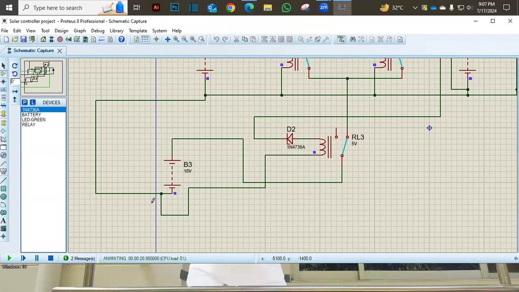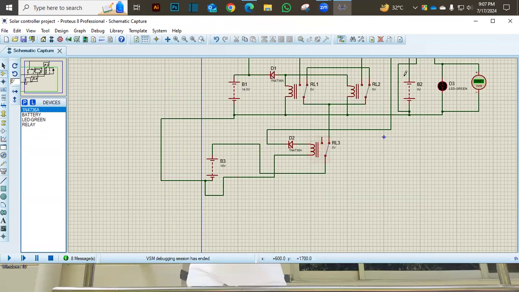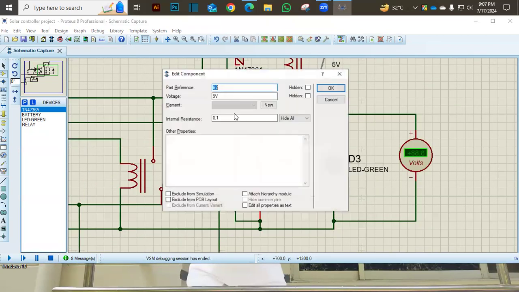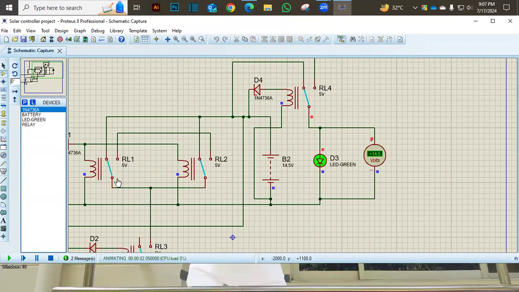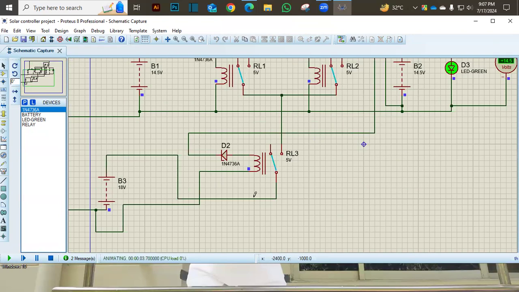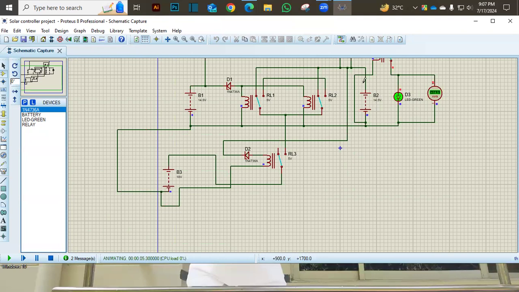And now if our second battery is also at full charged voltage, which is 14.5, then our solar system is cut out and no extra voltage is passing to our battery, and our system is also running here.